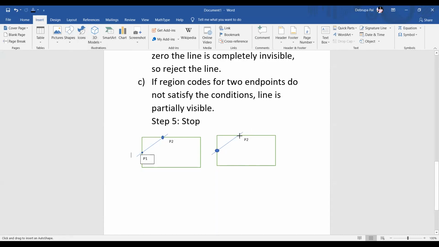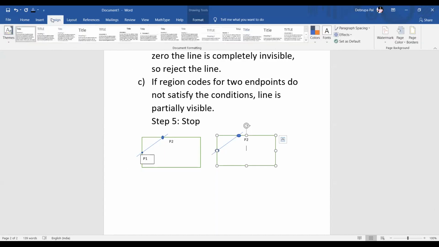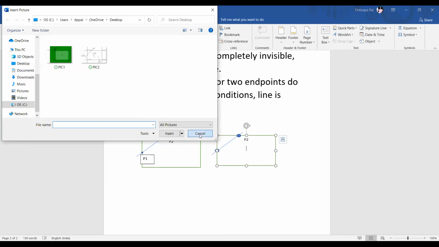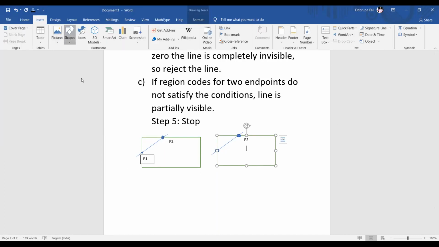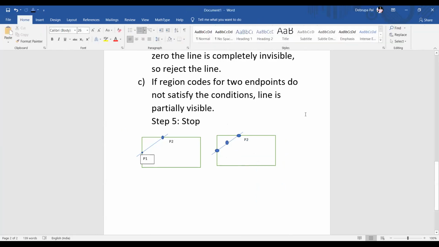So this one is for point P2. Here the line is divided equally into two further parts.